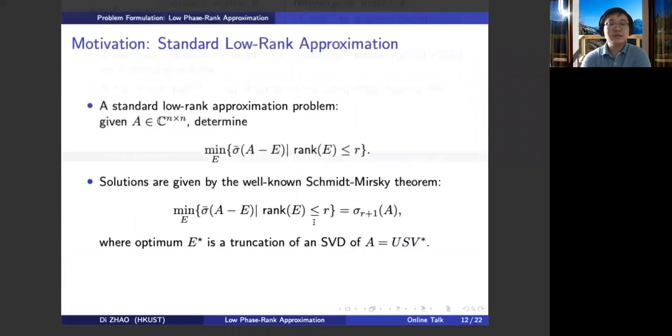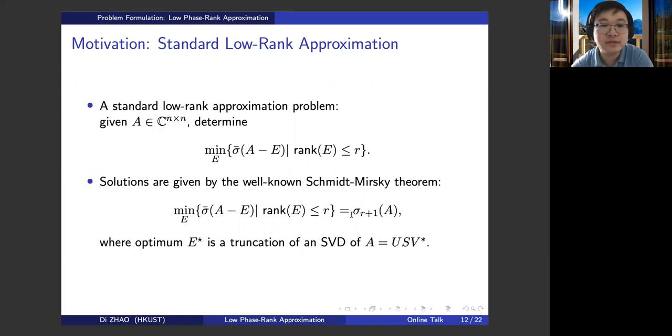Okay, so let's see what a standard low rank approximation is. After that, we will move to the formulation of a low phase rank approximation. The low rank approximation can be complicated, but here we start with the standard form, which is very simple.